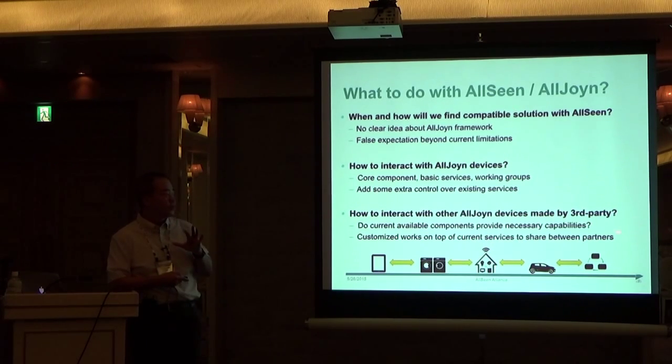So if you want to integrate with this kind of device, you need to know if the control and all the behavior are really supported right now. Otherwise, you might need to do some kind of customization to build some kind of service so it can be shared by the different partners.